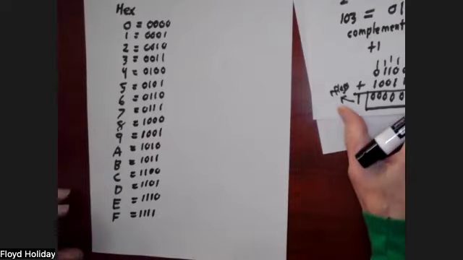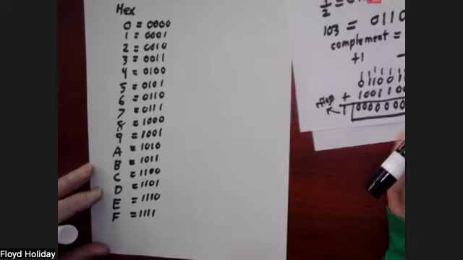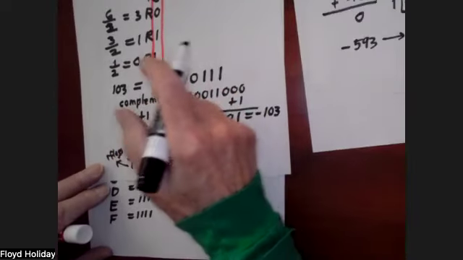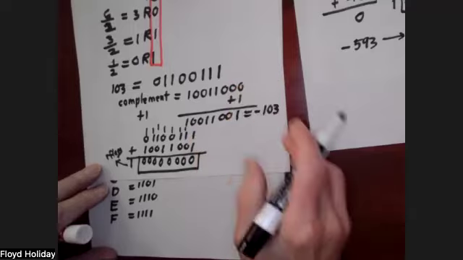Okay, so we had a number back here. Here's 103, and here is negative 103.